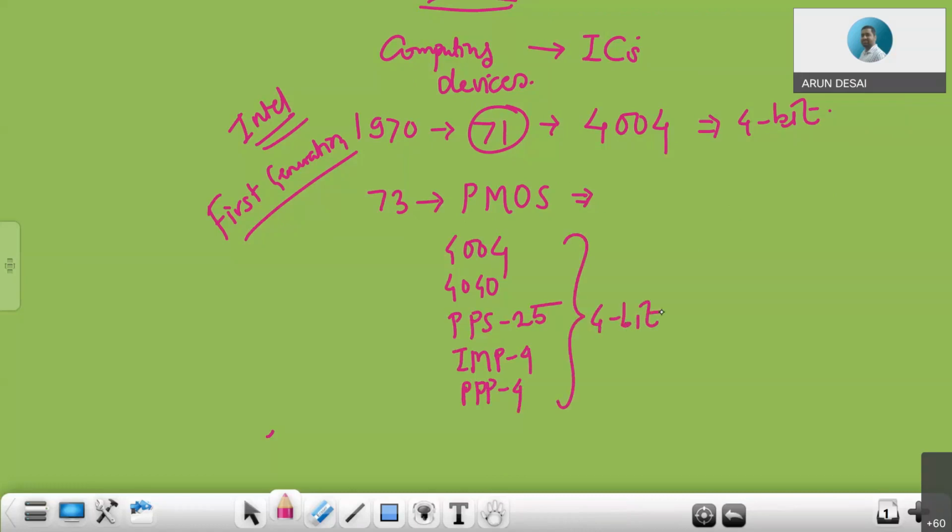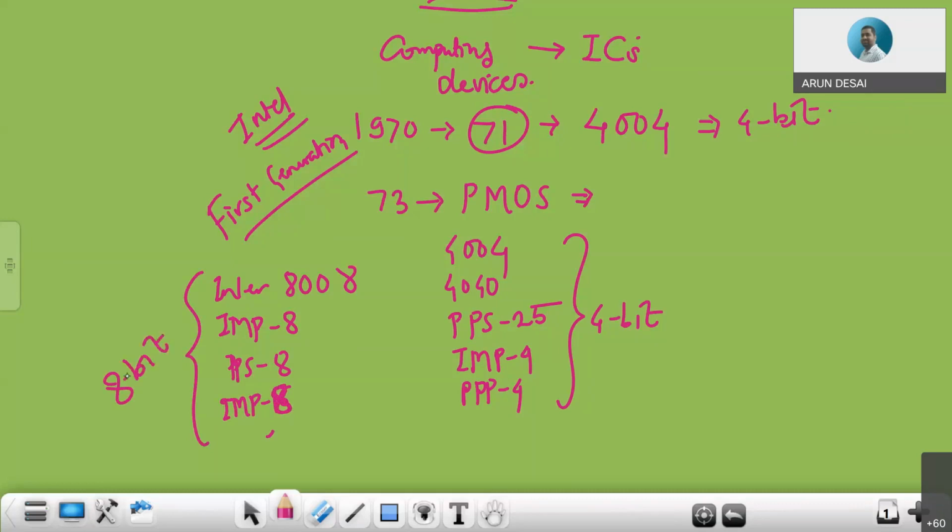They also came up with Intel 8008. Then National is also coming with IMP 8 and PPS 8. Those are again additions with 8-bit, right?